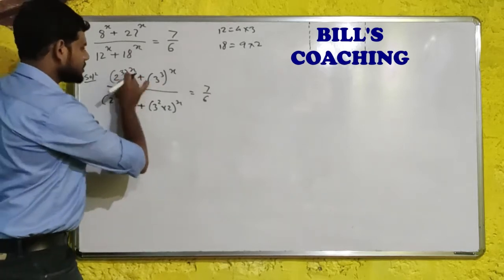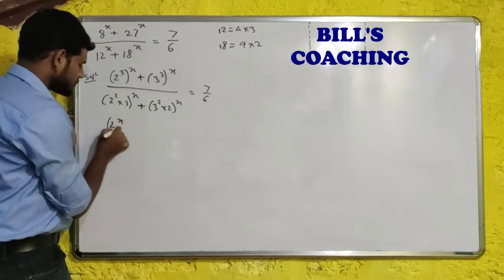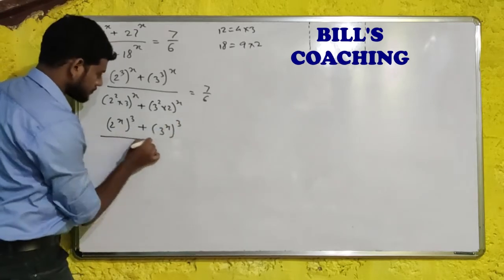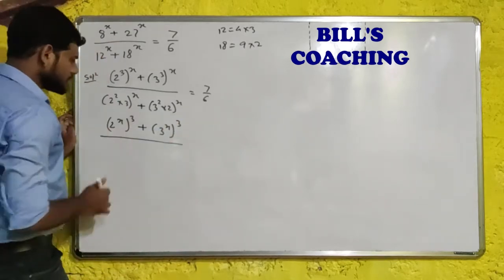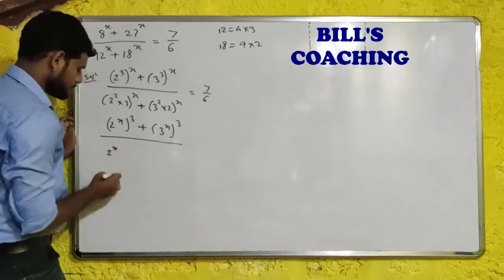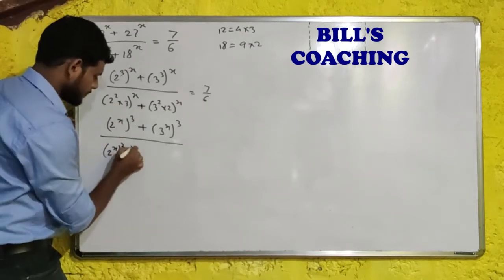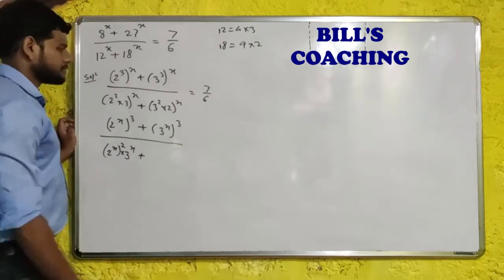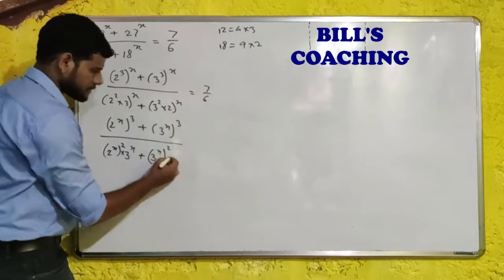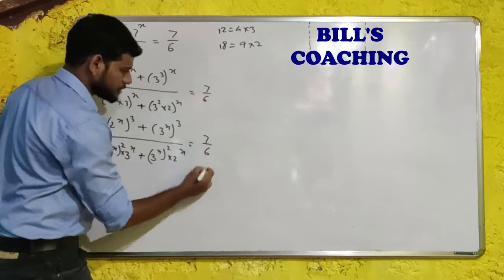Now, x will go over here, 3 will come out. So what we'll write: 2 cube x plus 3 cube x upon this will be 2 square x times 3 x plus 3 square x multiplied by 2 raised to x will be equal to 7 upon 6.